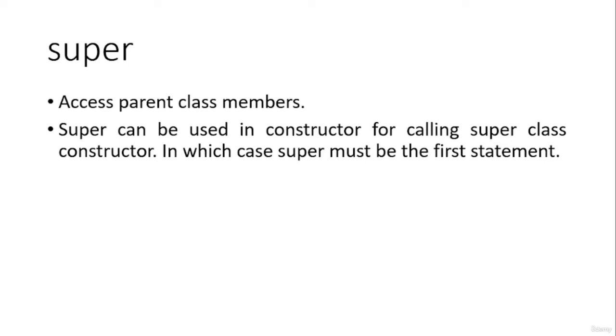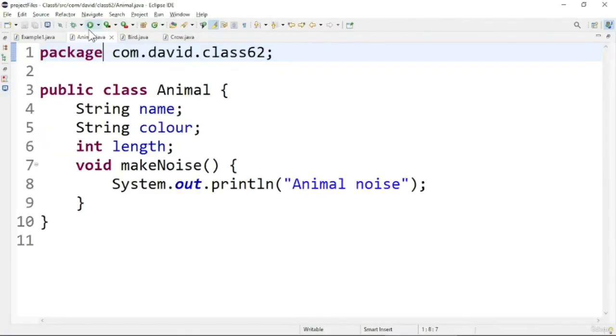Now let us see some programs based on the super and extends keywords. Now let us discuss a program which has extends and super keywords. In this program we are going to implement the multi-level inheritance concept in Java. Here there is an Animal class, a Bird class and a Crow class.